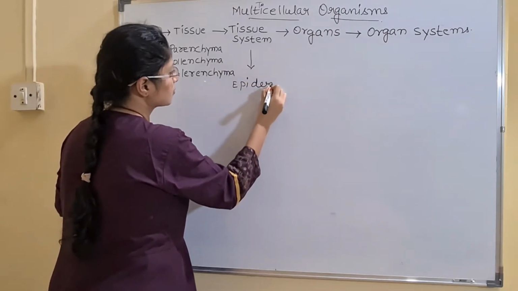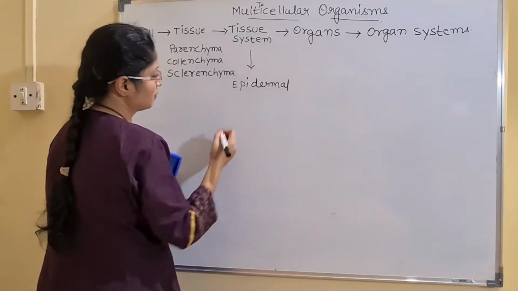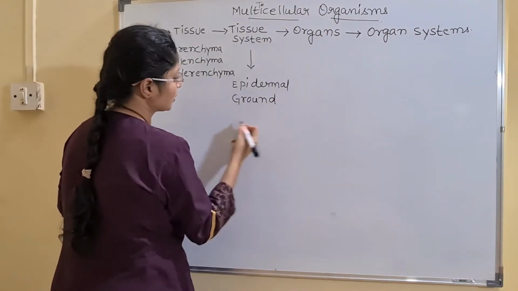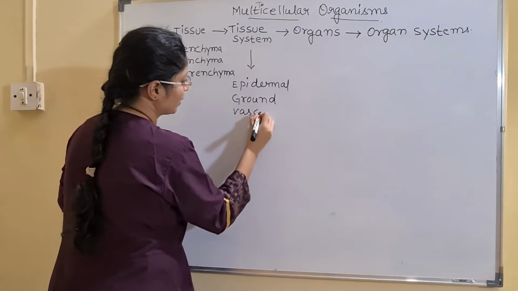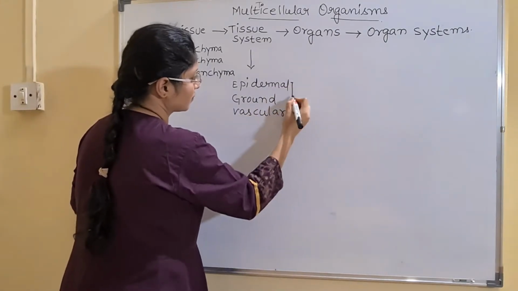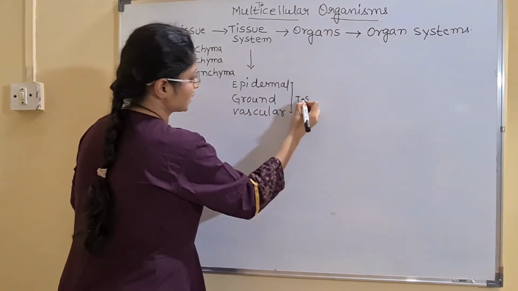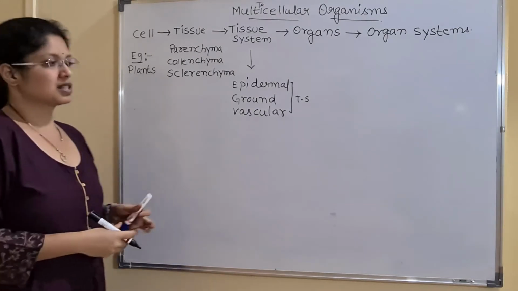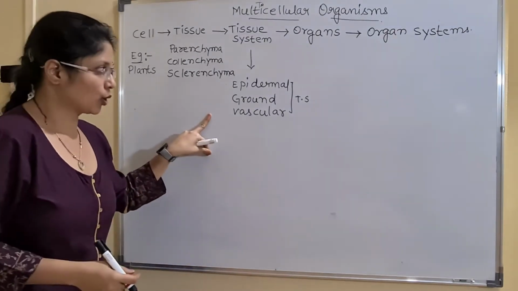Epidermal tissue system. We have the ground tissue system, and the third one is the vascular tissue system. So these are the 3 major tissue systems that are present in the plant body.